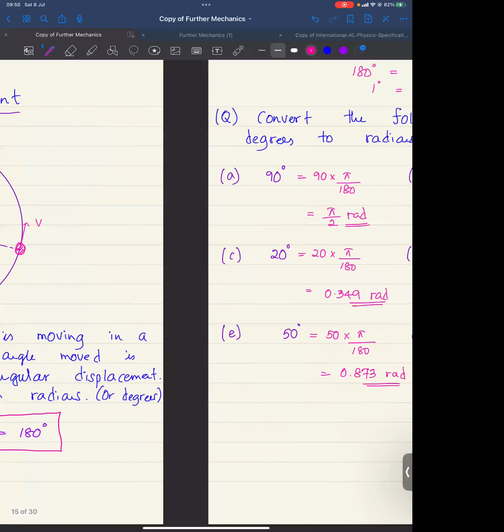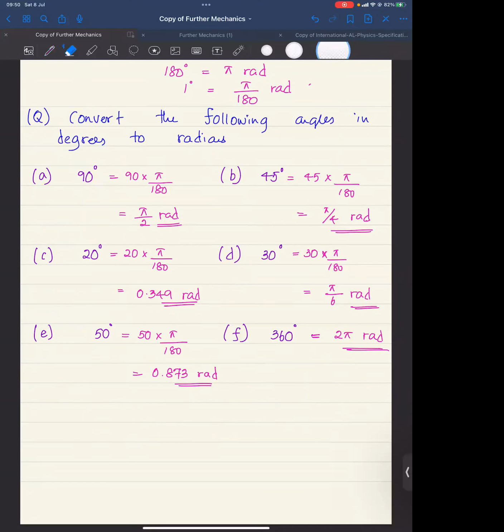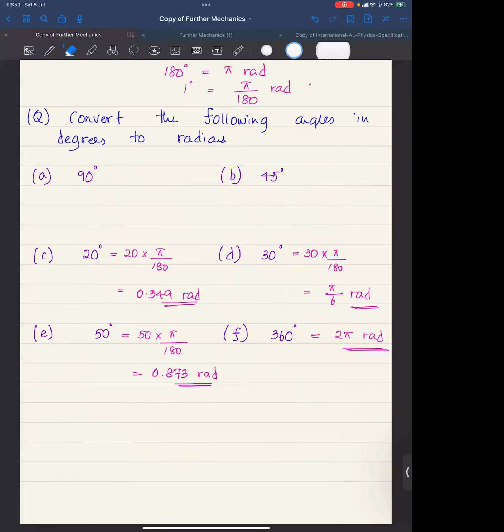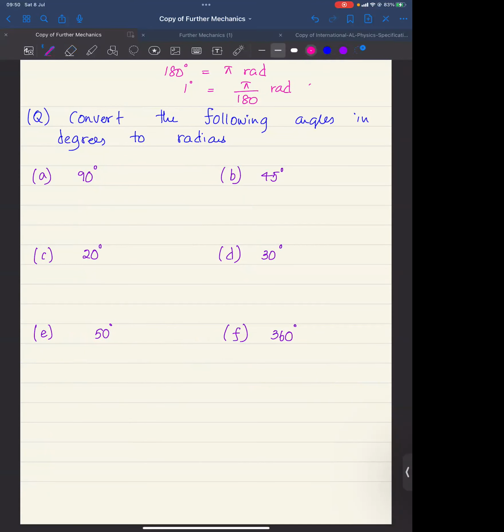Guys, write down a question. Convert the following angles in degrees to radians.